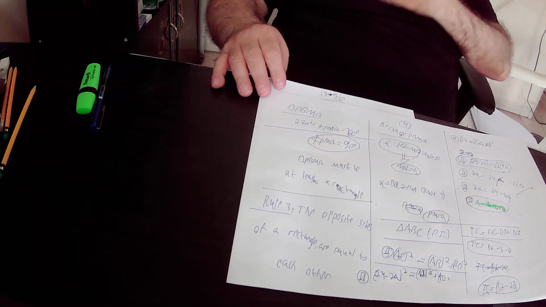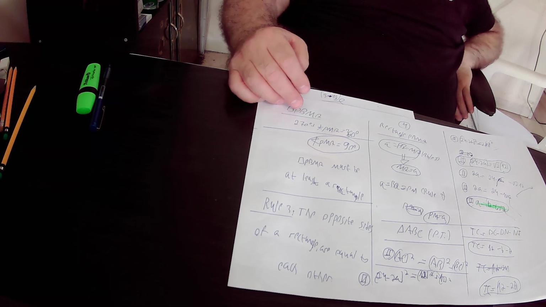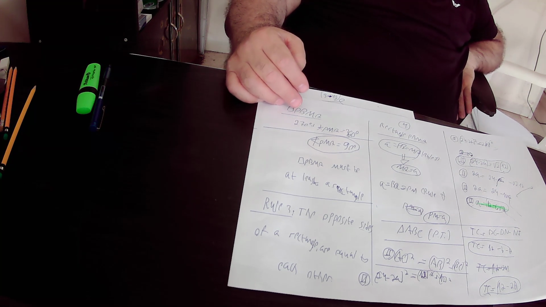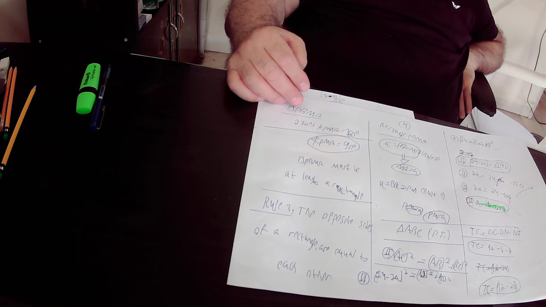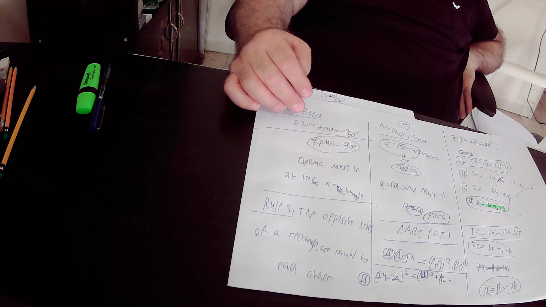In quadrilateral PBMQ, the sum of 3 angles is 270 degrees, plus the size of the 4th angle, angle PMQ, must be equal to 360 degrees, according to the rule that the sum of the angles in any quadrilateral is equal to 360 degrees.